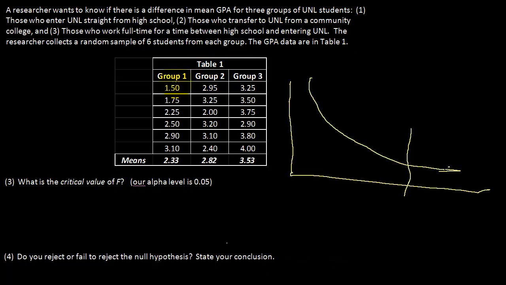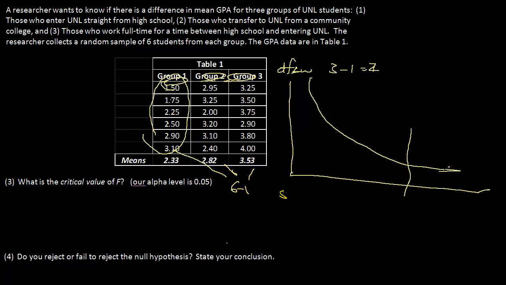Degrees of freedom between: because there are 3 groups, df between is 3 minus 1, which is 2. Degrees of freedom within: there are 6 scores in each group, so the degrees of freedom for this is 6 minus 1, and the same way for the others.